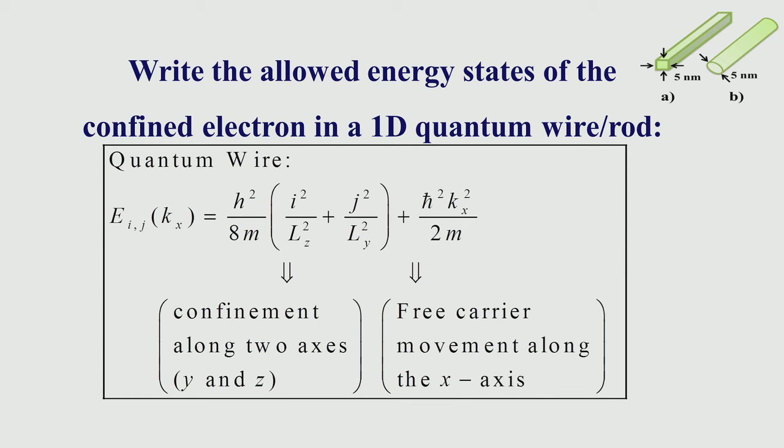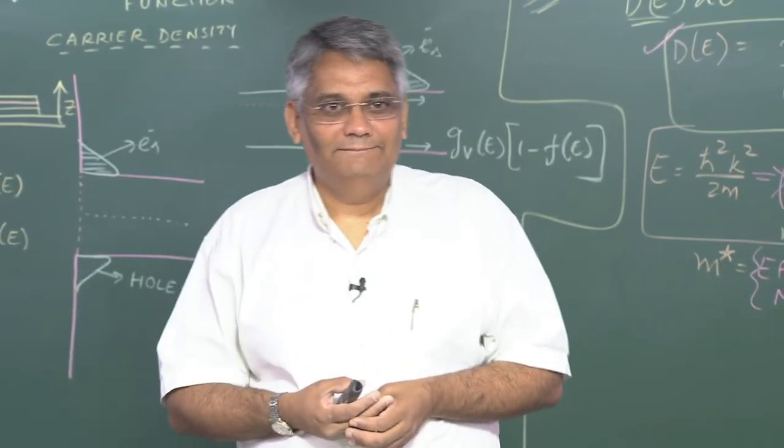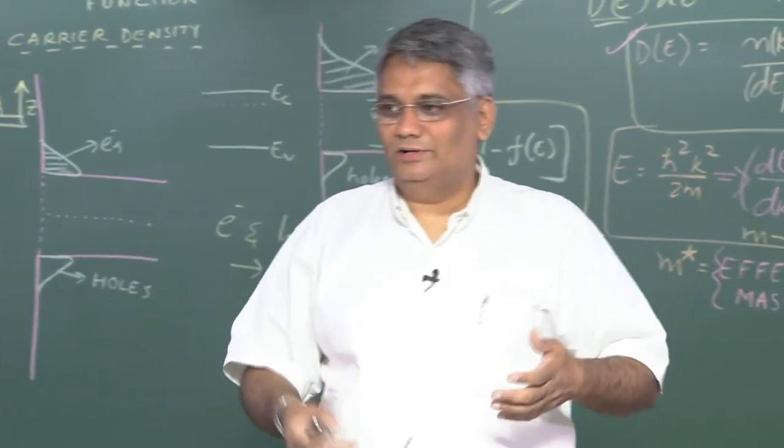Now the last thing is write down the same thing for the allowed energy states of the confined electron in a zero dimensional system, that is a quantum dot. So now you have the confinement in all three directions.